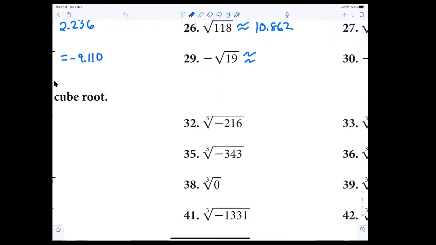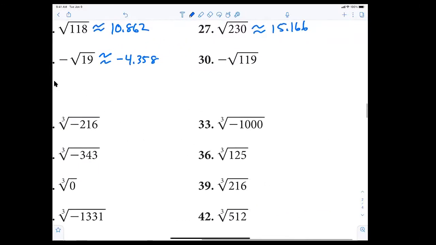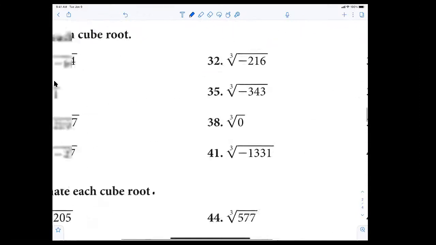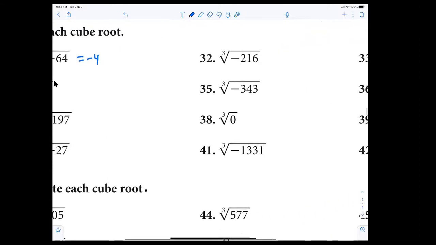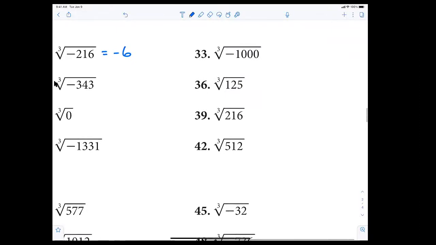Oh, sorry, negative 4.358. And 30. Negative 10.900. 31. Negative. Good. Next. 32 is negative 6. Negative 6. Over there, number 33.